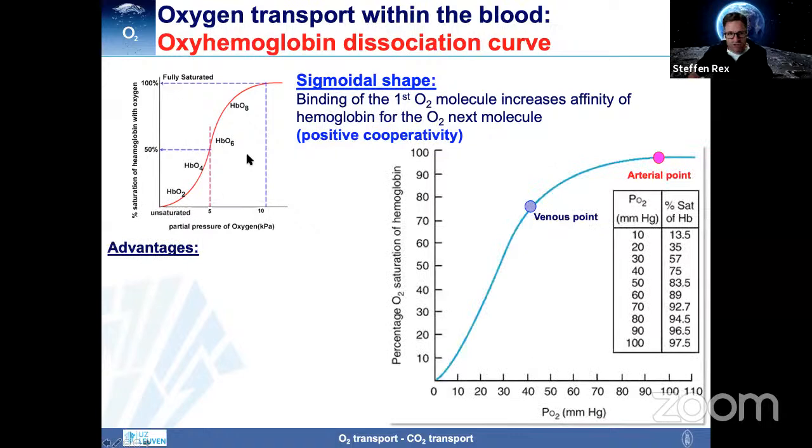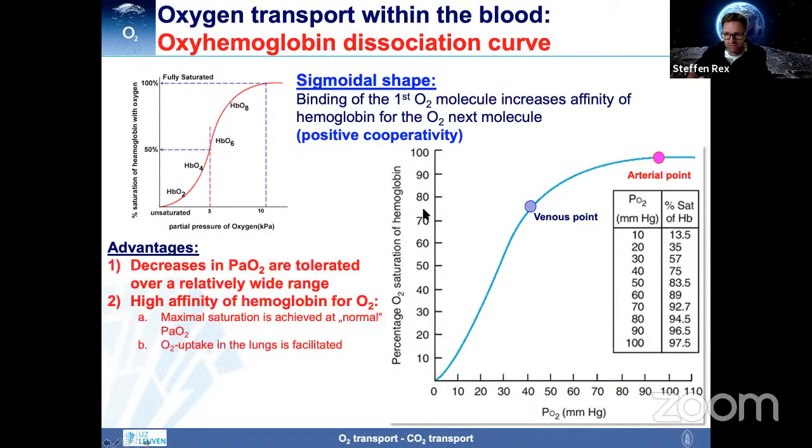This dissociation curve is also very fascinating because it helps us a lot in our daily physiology. If you are looking here at the arterial side of this curve, you see that decreases in PaO2 are tolerated over a relatively wide range. Imagine you start here at 110 millimeters of mercury of oxygen, and you decrease up to nearly 70.